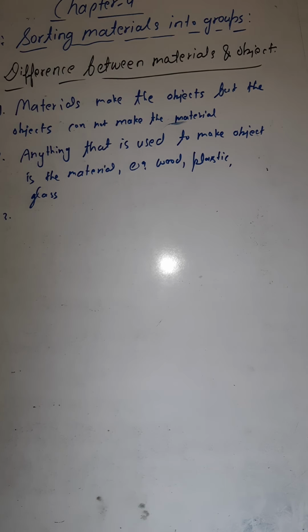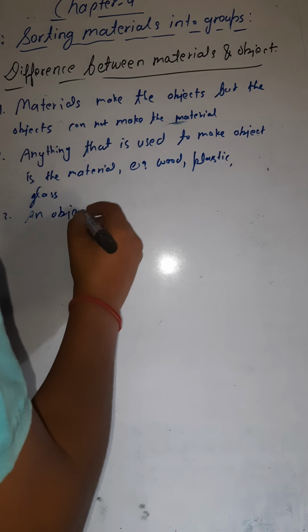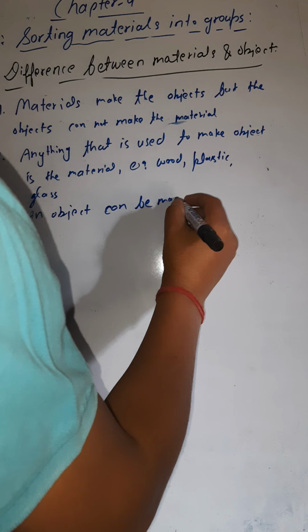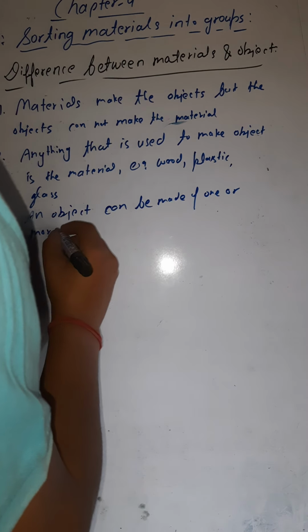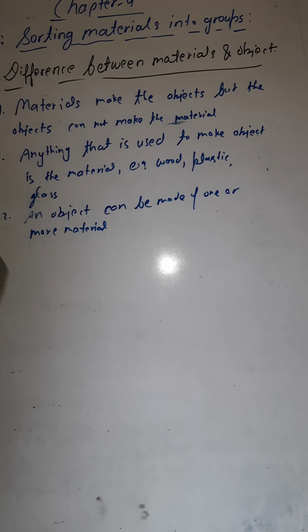So that you have to write: an object can be made of one or more materials. There can be different compositions of the materials to make an object. This is how you would differentiate between the material and the object. Are you getting this? Good.